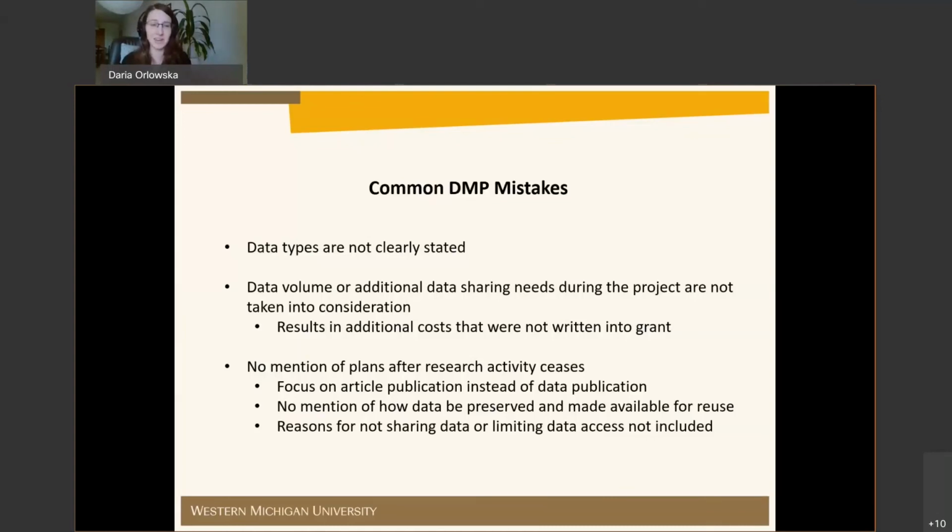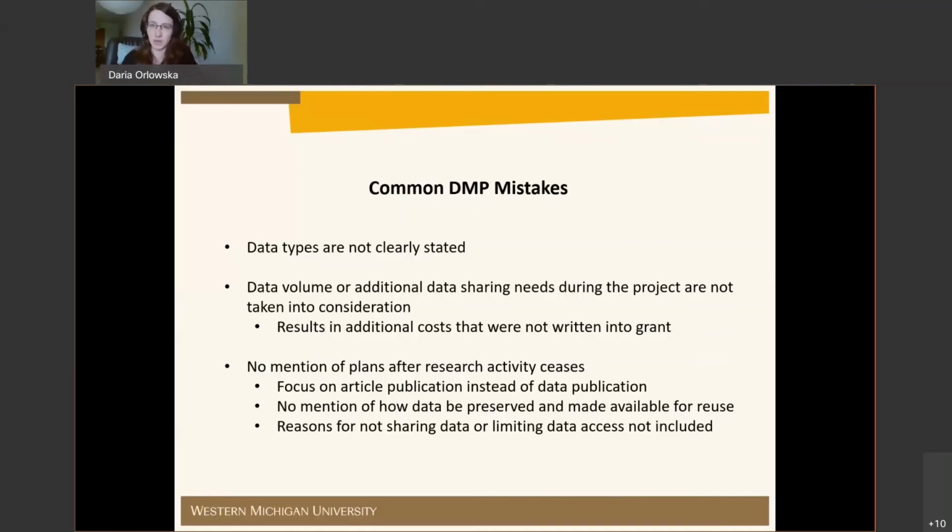And the final thing is not mentioning any plans after the research activity stops. A lot of the time when I see data management plans, they talk about what we are going to do while we're collecting the data. But once your data collection stops and you're starting to publish, sometimes there'll be mentions about publishing the article. That's not data.